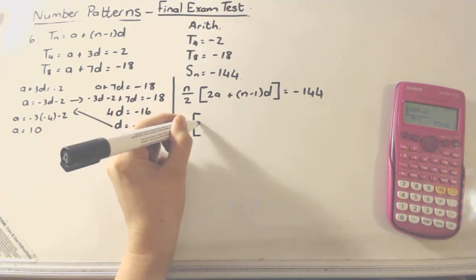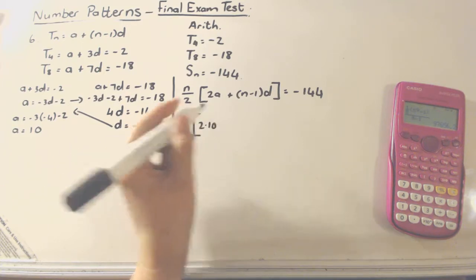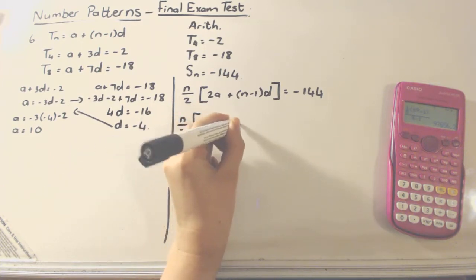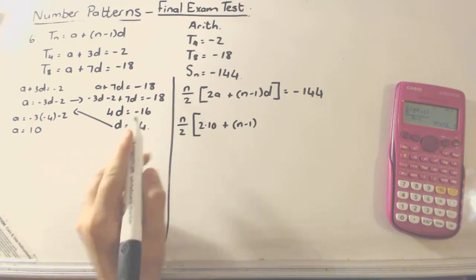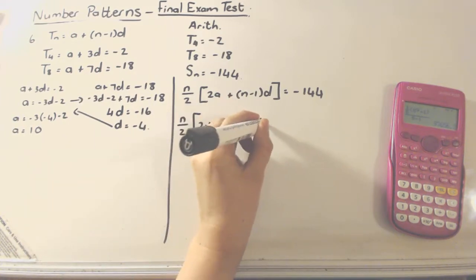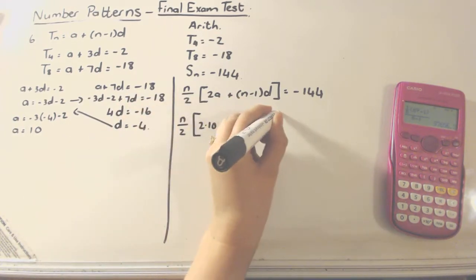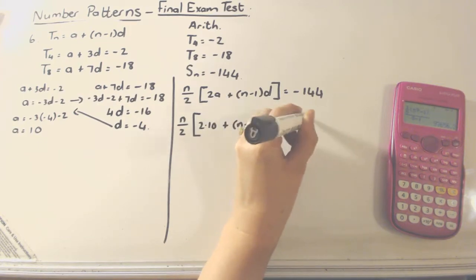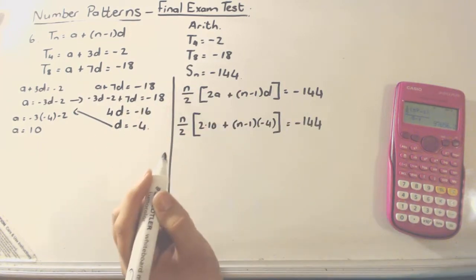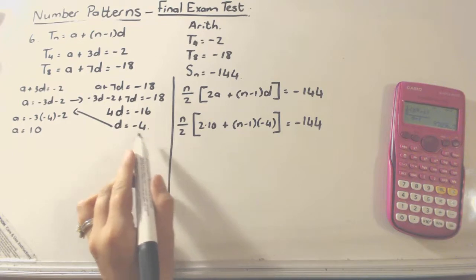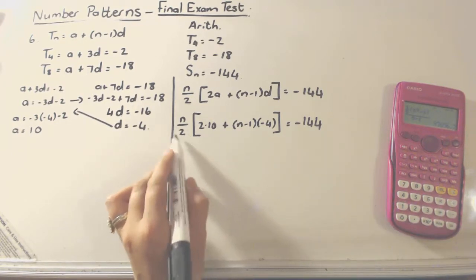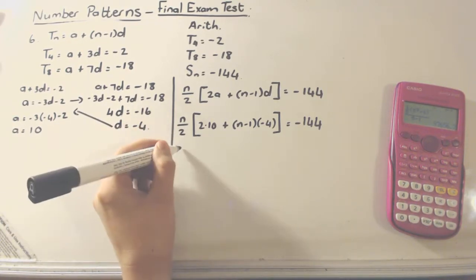So a is 10 plus (n minus 1) and d is negative 4 is minus 144. Right, so let's go and calculate this. I'm just going to multiply throughout with 2 to get rid of this 2 there.